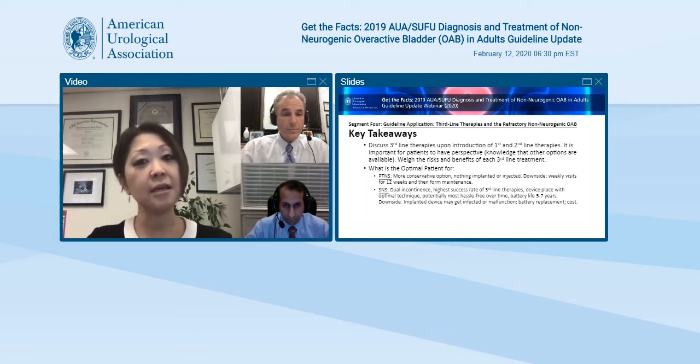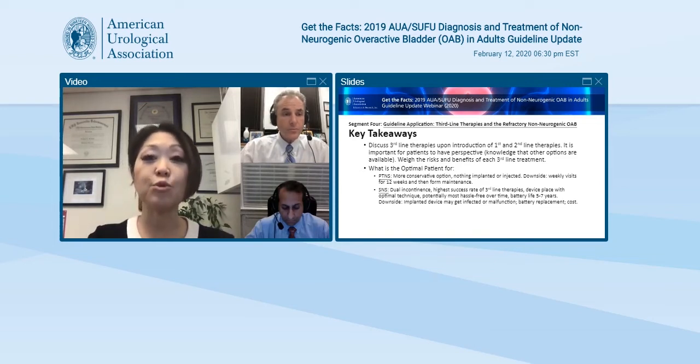As with anything, the technology has advanced, but our techniques have advanced also. I think it's worth learning the optimal placement, and that's being propagated now. An optimal lead placement will put the lead closer to the path of the nerve and perhaps not drain the battery as fast. So I think that's important.